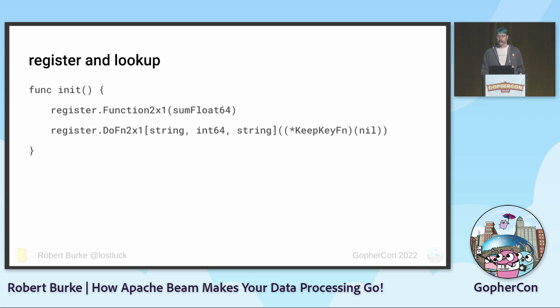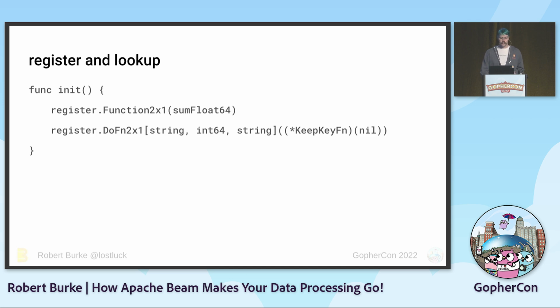We have this package called register, which has all the generic registration functions for Beam. Functional DoFns are simple enough that the compiler can infer the types of them appropriately. So we didn't even need to add the specific parametric type parameters to the function at call time.